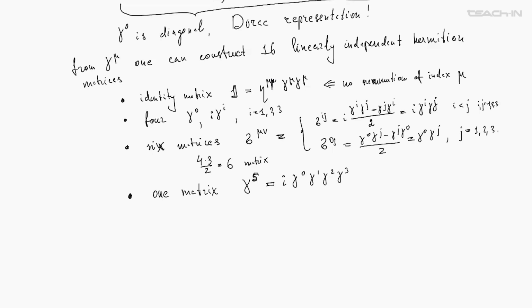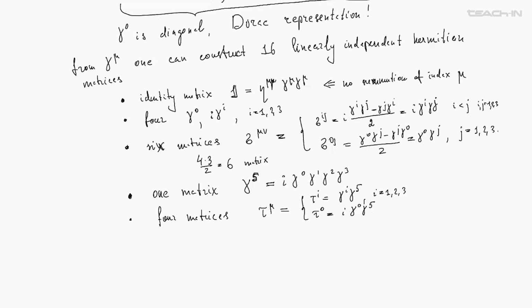And finally, there are also 4 matrices, tau mu, introduced in the following way. Tau i is given by gamma i gamma 5, where i runs over 1, 2, 3, and the matrix tau 0 is i gamma 0 gamma 5. Again, these matrices are Hermitian. And now that is all.